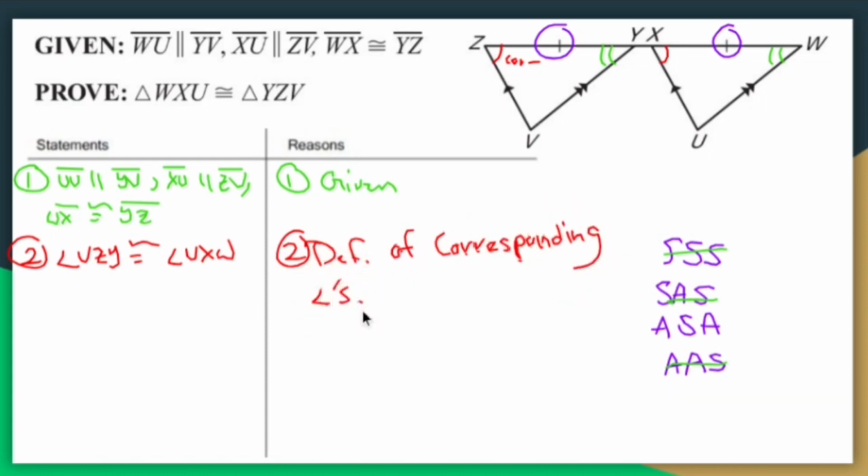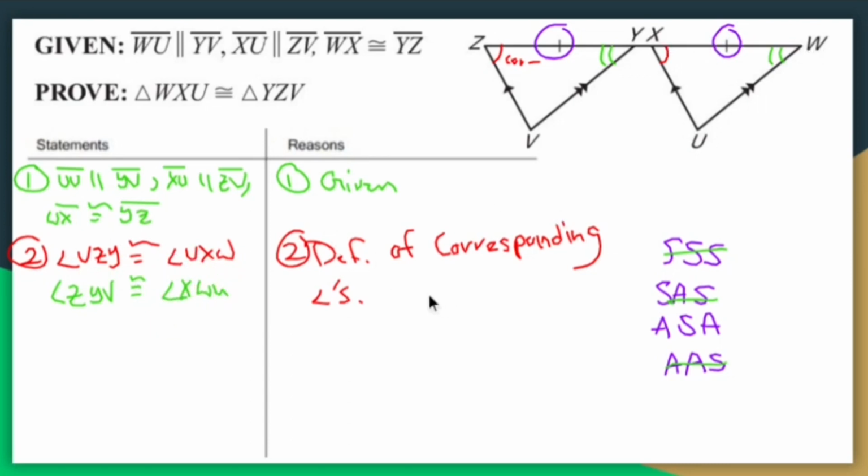Ready to kill two birds with one stone? Let's say that in the same exact statement. Why repeat myself? Angle ZYV is congruent to angle XWU for the same exact reason.